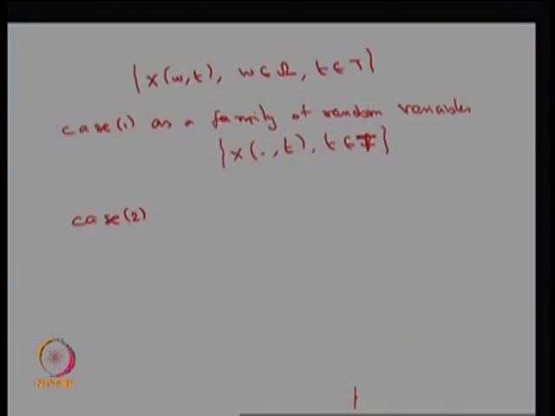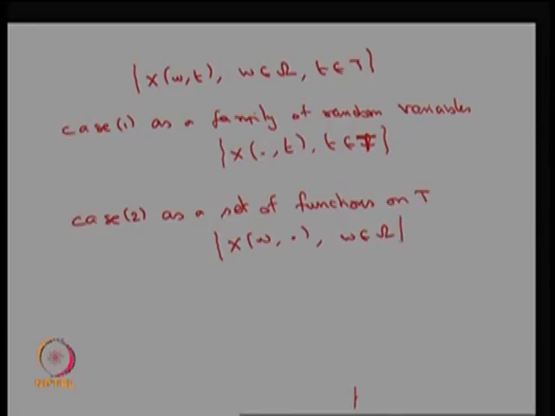The next one, that is case 2, that is nothing but a set of functions on capital T, that is nothing but a collection of x of w comma t, for w belonging to omega.